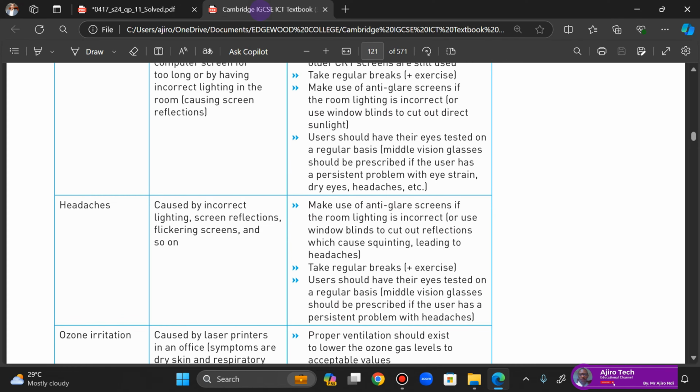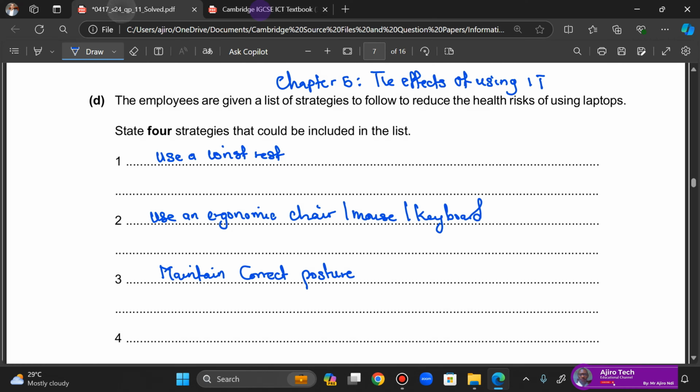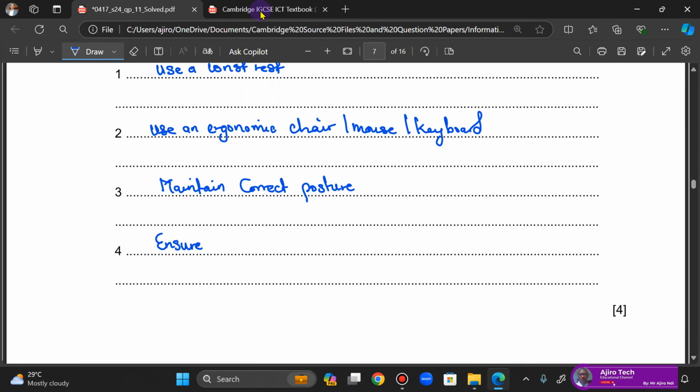You can use the anti-glare screen, and you can ensure the room lighting matches the screen brightness. So very important.